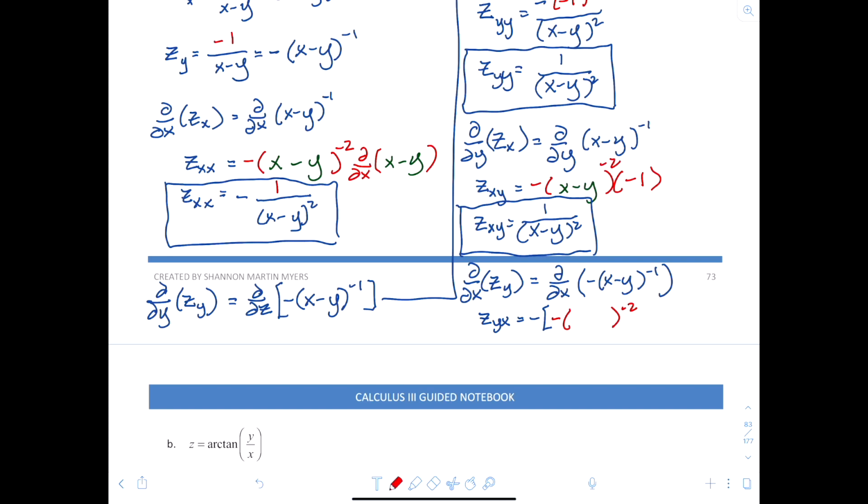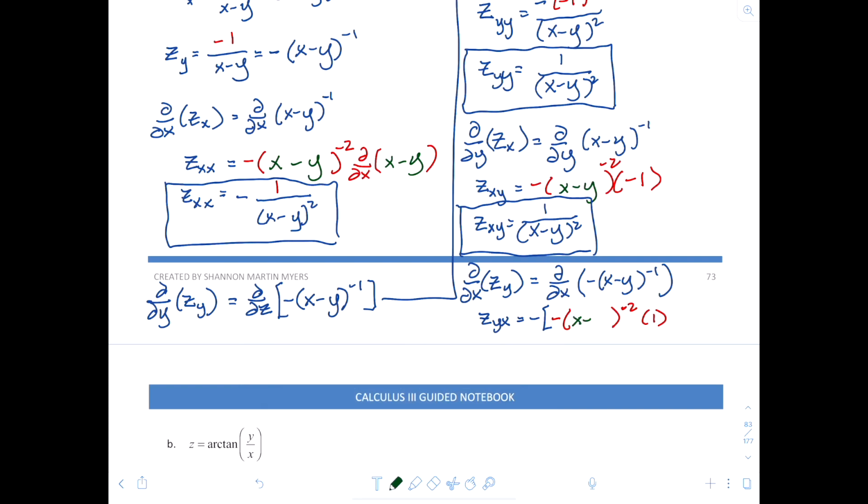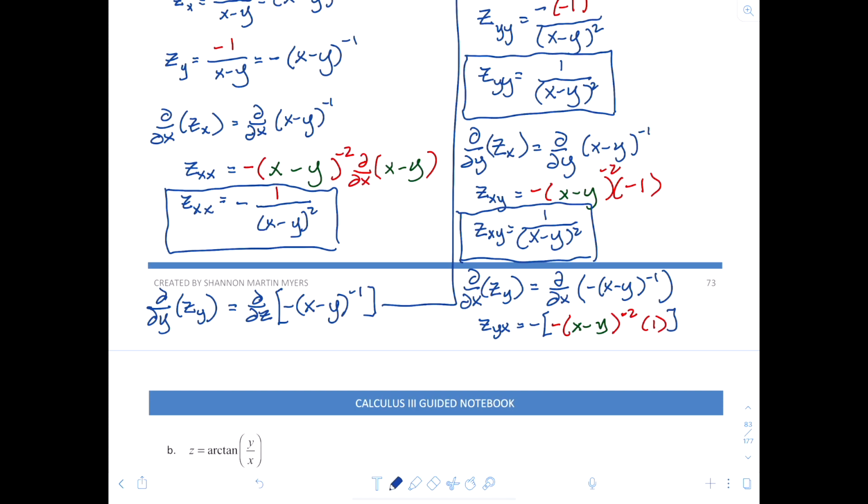And the derivative of the inside with respect to x is just going to be a positive 1. And our something was x minus y. And so, cleaning it up, we're going to get z_yx is equal to positive 1 over x minus y squared.